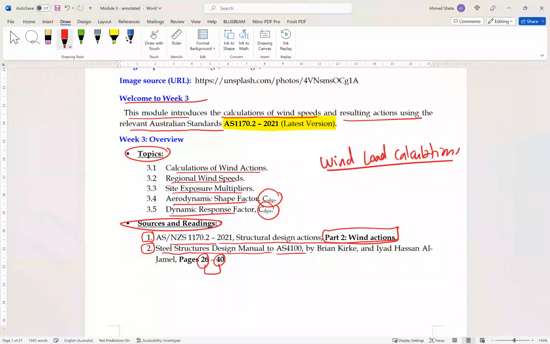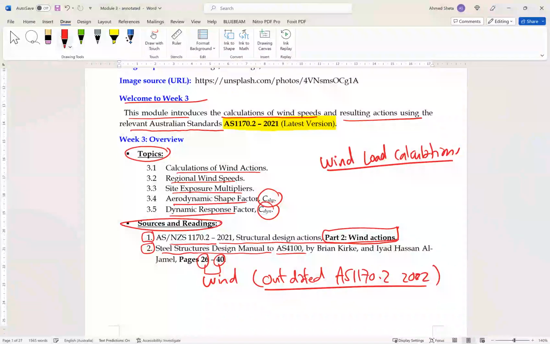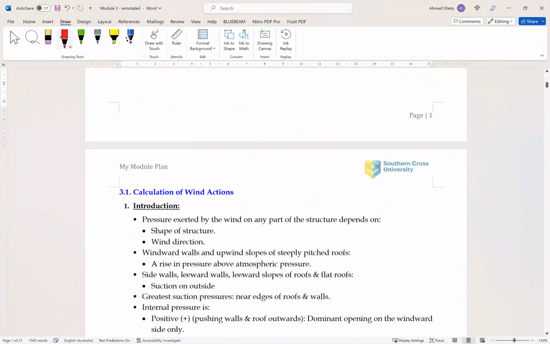This is talking about wind. But unfortunately, this is talking about an outdated version of Australian Standard 1170.2, which is 2002. So some of the equations have been changed.